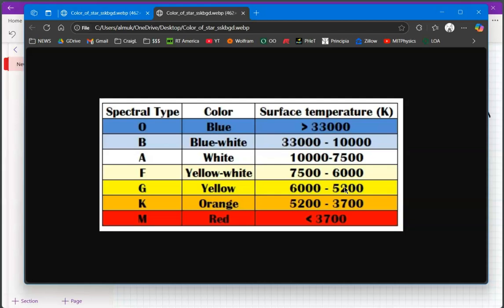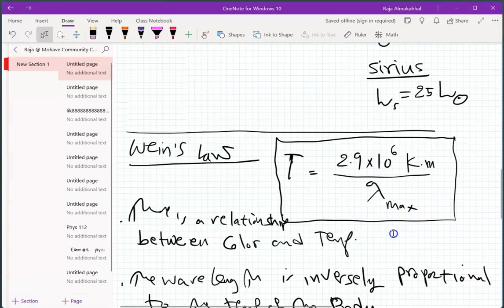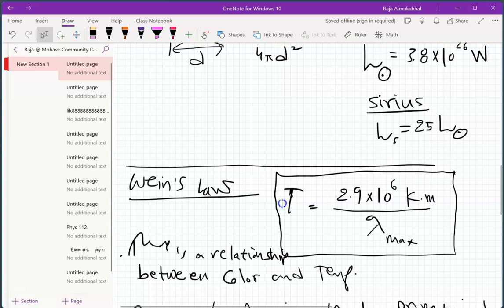Basically by taking the light coming from it, and then we would measure the strongest wavelength that the sun or the star is giving off, and from that we can tell what the temperature is. Okay, so Wien's law basically tells us, give me the wavelength, I will tell you what the temperature is.